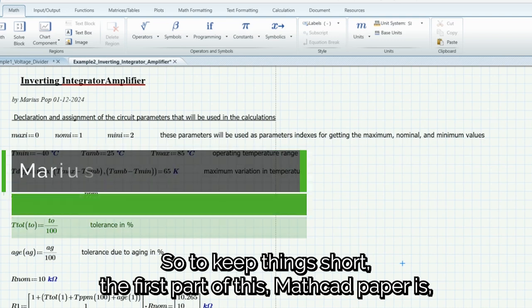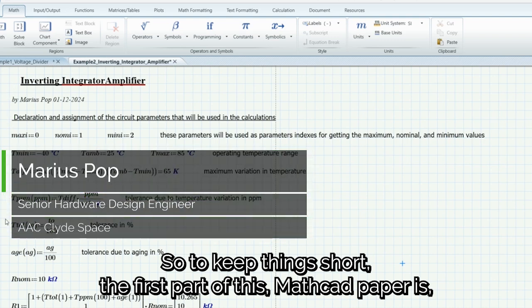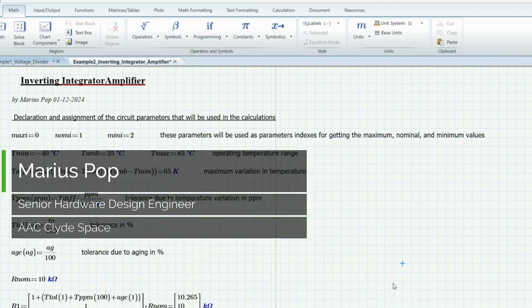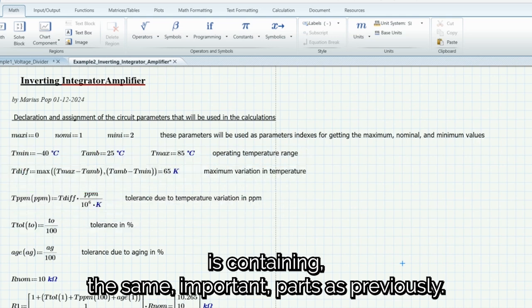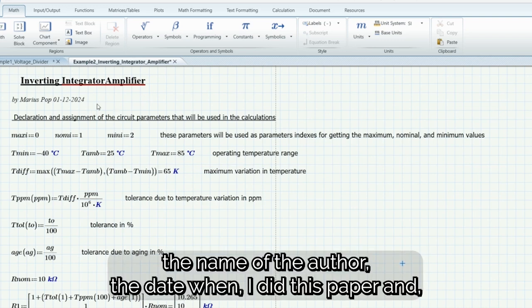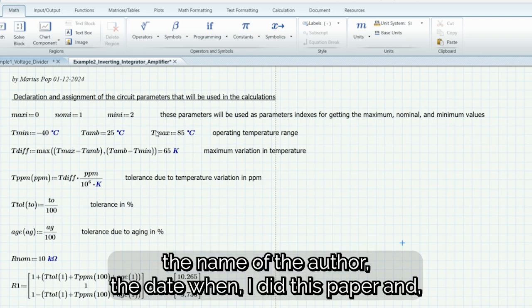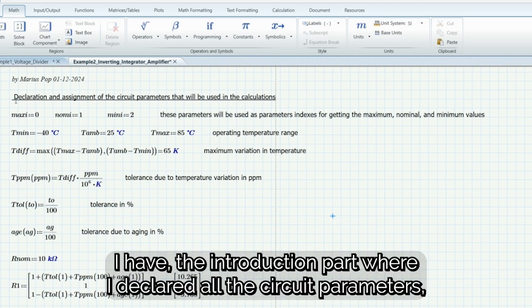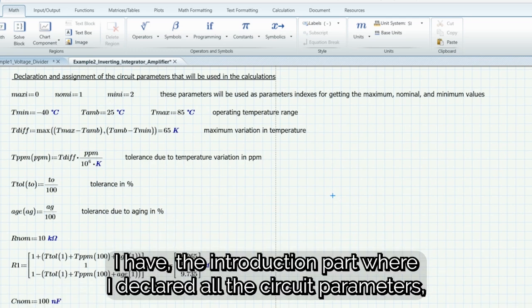So to keep things short, the first part of this Mathcad paper contains the same important parts as previously. It has a title which describes what circuit is going to be calculated here, the name of the author, the date when I did this paper, and the introduction part where I declared all the circuit parameters.